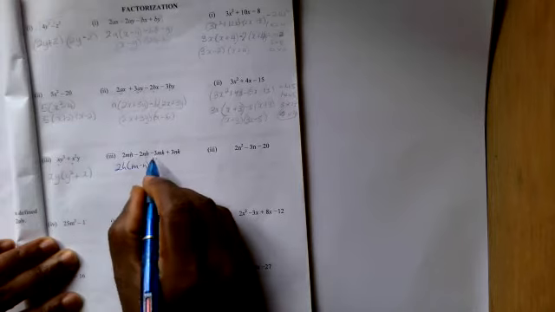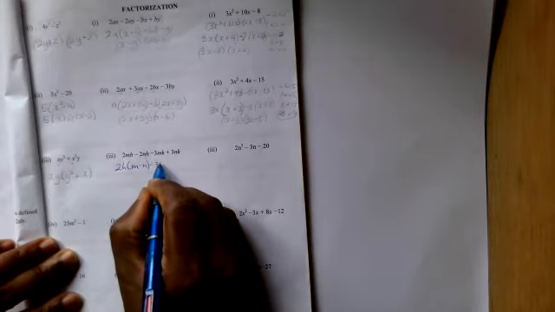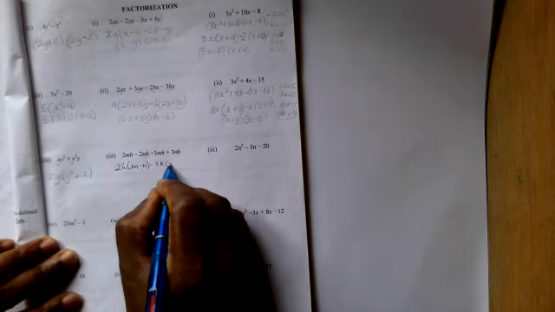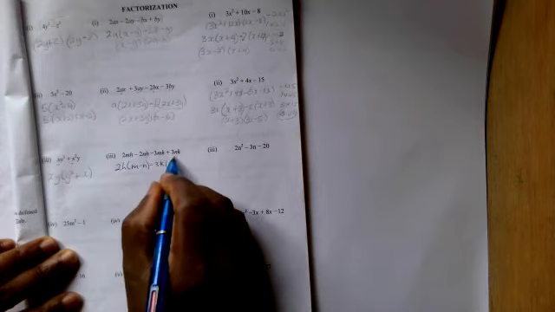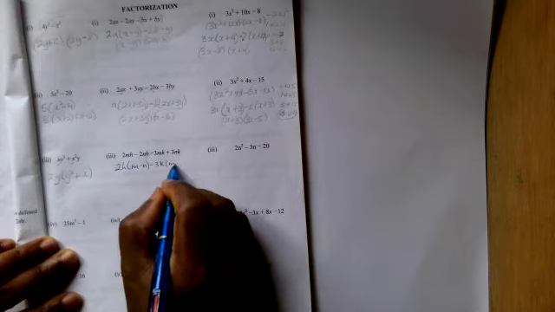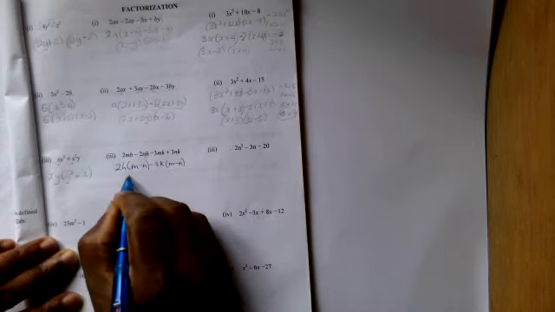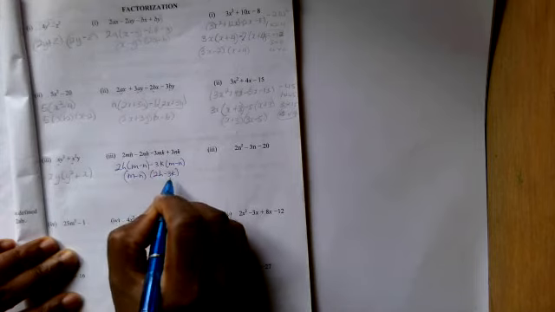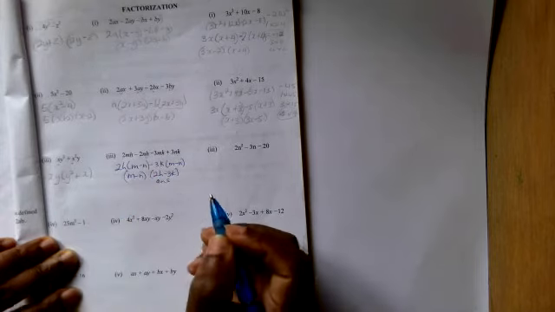Alright, so 3 is common right here, so we put minus 3, and k is common also, so we take out 3k. So 3k into this would leave m, and this would leave minus n. So there we go, m minus n, and 2h minus 3k. And that would be our answer.